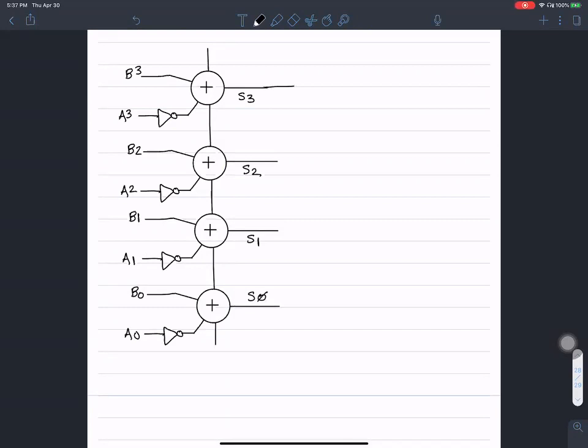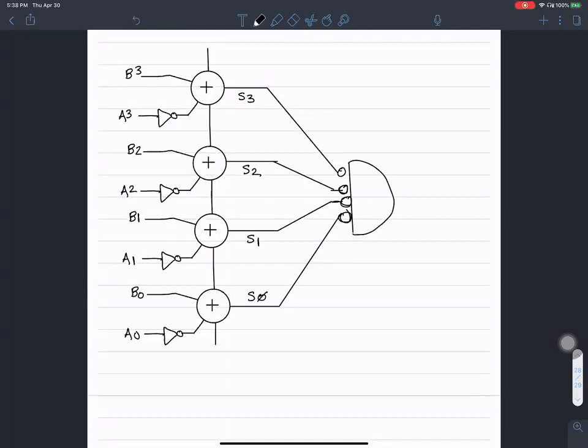Okay, and what I'm going to do is pass them through AND gates. Let's see, I'm going to invert them and pass them through AND gates, something like this.